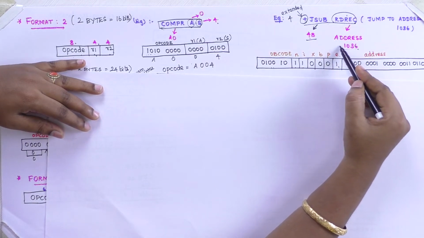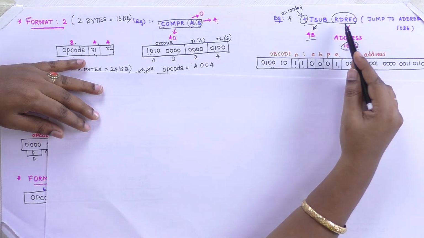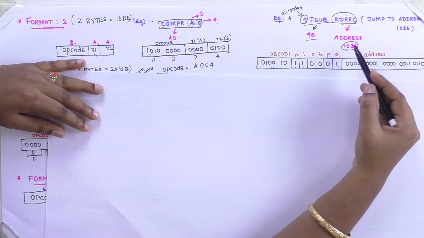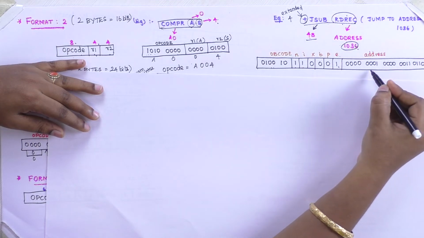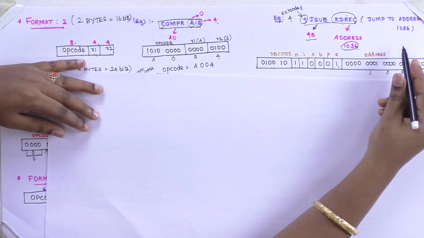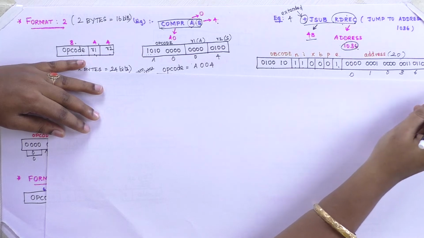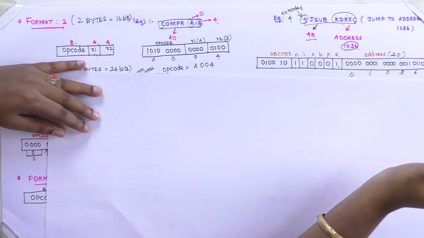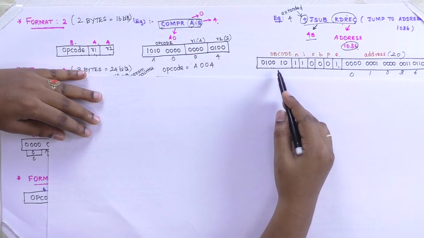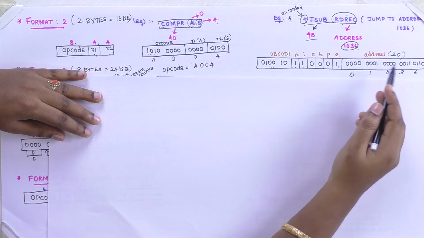Address. Address is the address field that we have in our instruction itself, that is, RDREC is present in the address 1036. 1036 is represented like this: 1, 0, 3 and 6. Since we have to represent in 20 bits, I am preceding it with a 0. So this is our final address. Now let us write the object code, opcode for our instruction layout.